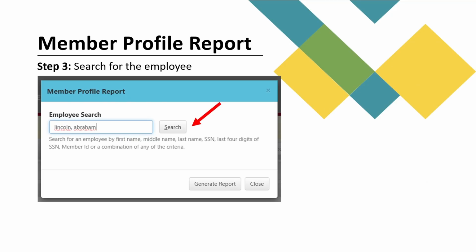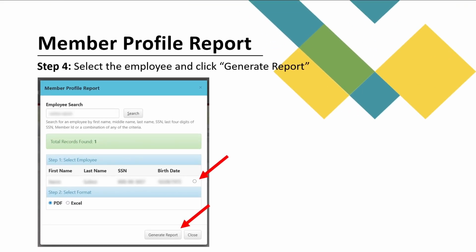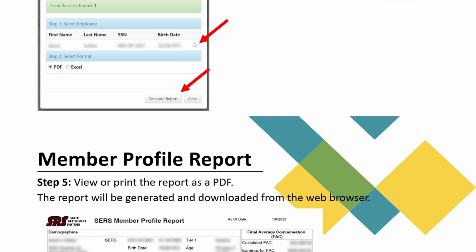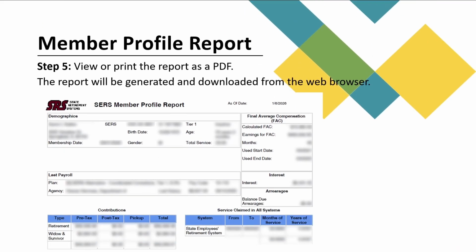Search that employee. You can use them by name, social security number, member ID, whatever you feel comfortable with or what is easiest for you to identify that member. Once you've identified them, you can hit generate report and you'll get a page report, basically a summary of everything this person has on file with SERS.